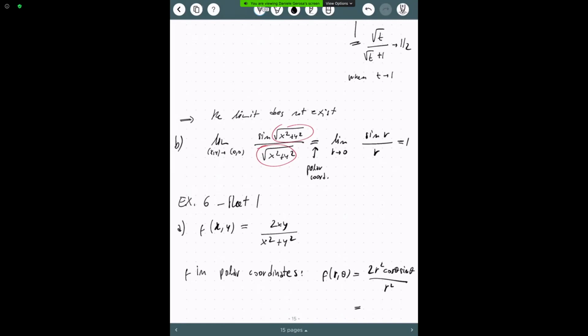You can simplify the r squared and then you actually get sine of 2 theta. Or 2 sine theta cos theta, at least for (x, y) not equal to (0, 0).